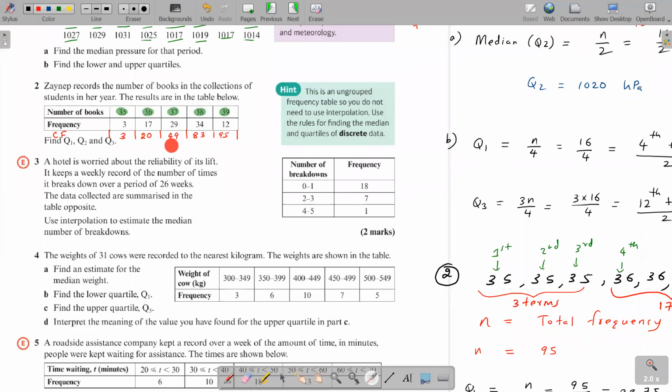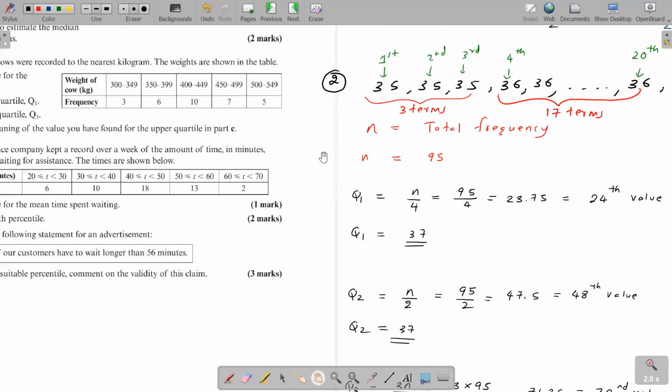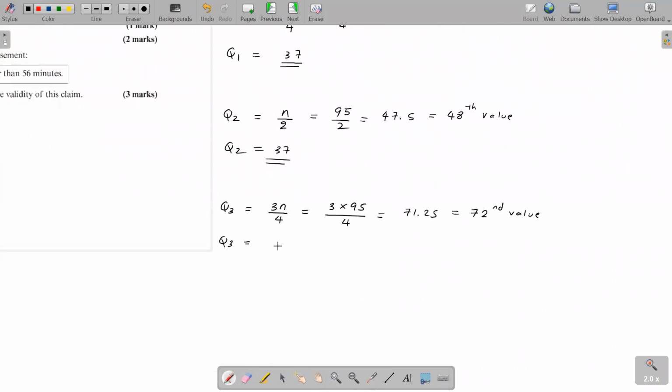And the next one, the cumulative frequency is 83, which is the first to pass 72, which means your Q3, the upper quartile, the 72nd value, is 38. So Q3 equals 38.